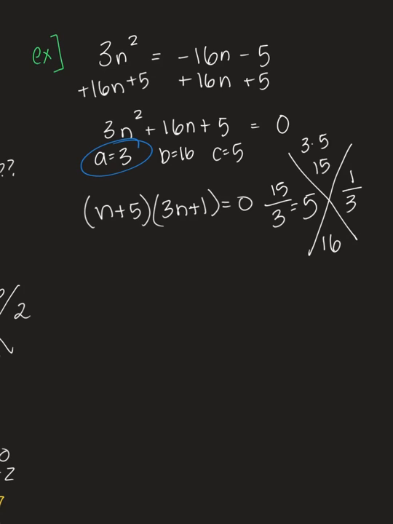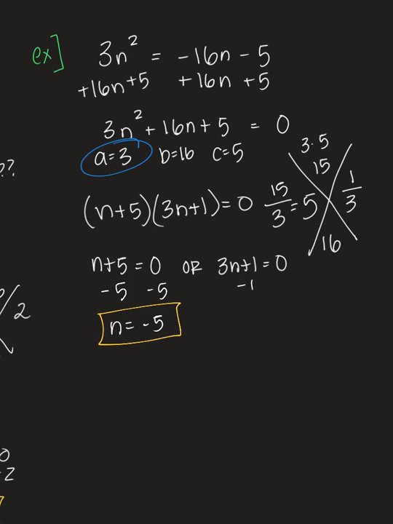All right, the next step you should do is set each of your factors equal to 0. So we can solve for n on the left one, subtract 5. We get n is equal to negative 5 is one of our answers.